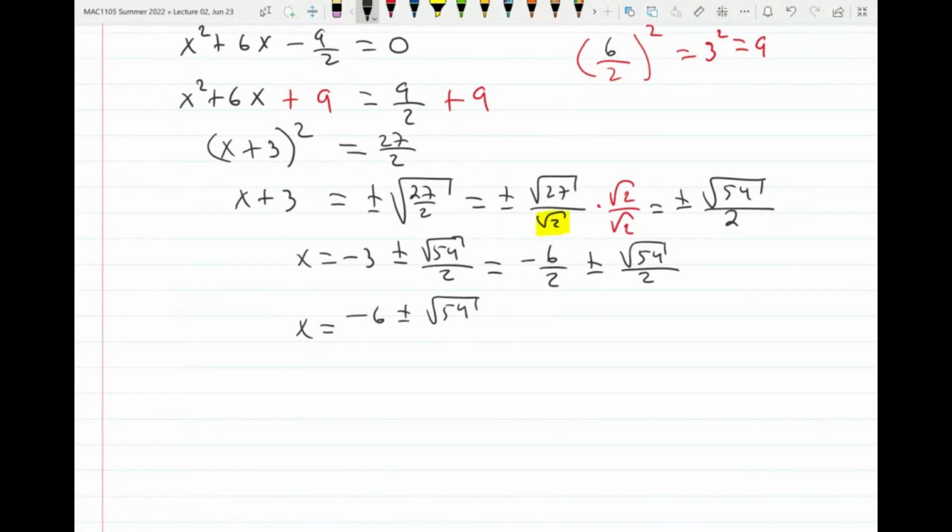Wait, yeah, we can simplify this. Okay, so let me just simplify it right here. 54 is 9 times 6, right? So the 9 comes out as 3. So we get 3 square root of 6. That's better.